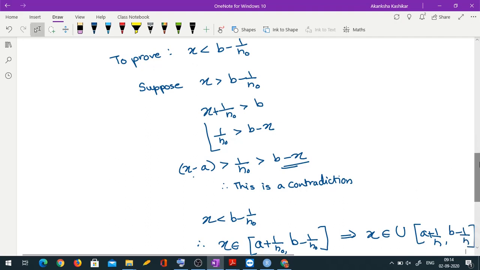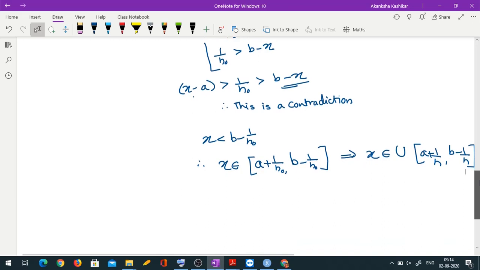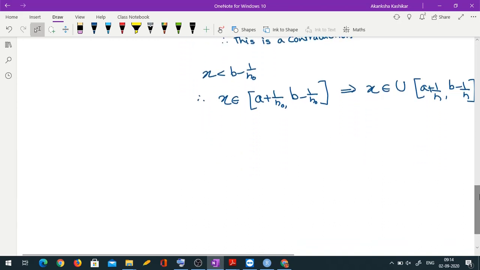As a result, what we have proved is that the left hand side is a subset of the right hand side. That is, we have proved [A, B] is a subset of the union of [A plus 1 by n, B minus 1 by n].